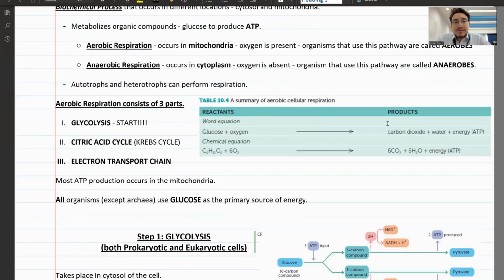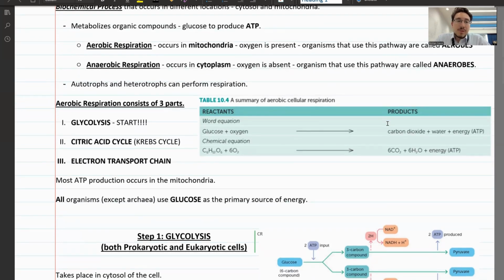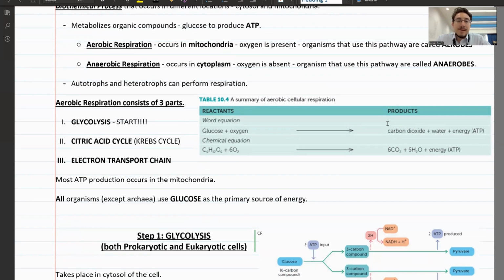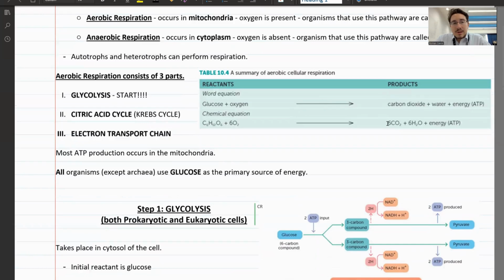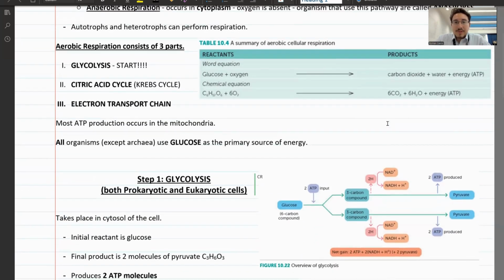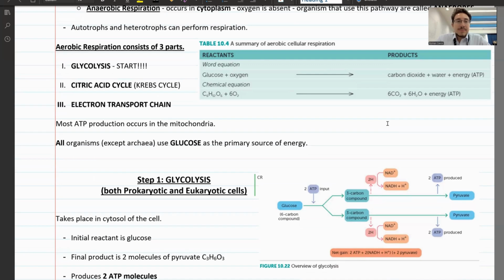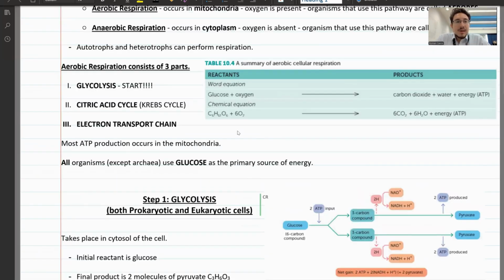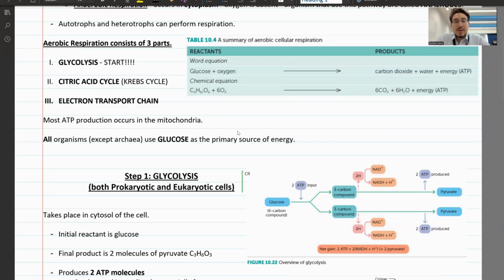So both autotrophs, like I mentioned before, plants, and consumers, humans and animals, perform this process of respiration. If we focus on aerobic respiration, it is further broken down into three parts.